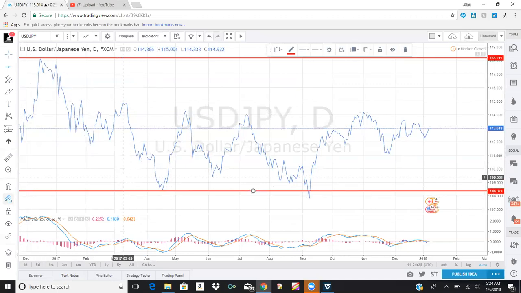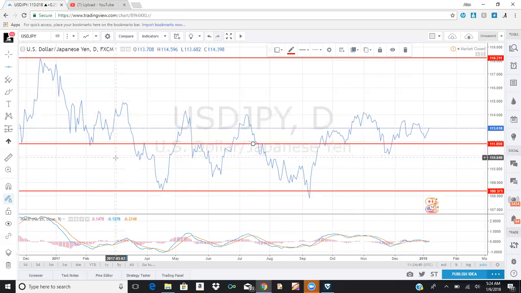And now what you're going to do is find every time that the market touches twice, right? So like right here, we have 2 touches in this area. We have touches here. We have touches here.